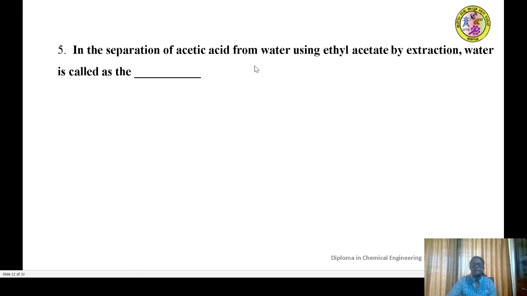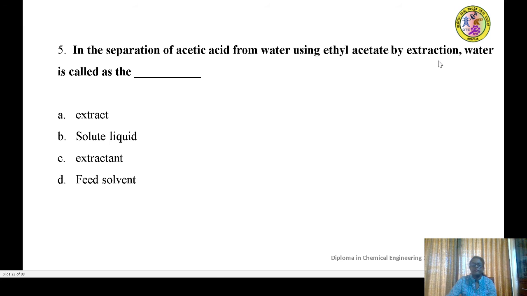In the separation of acetic acid from water using ethyl acetate by extraction, water is called as, okay, options: extract, solute liquid, extractant, feed solvent. So what is water called in this particular instance of liquid extraction?